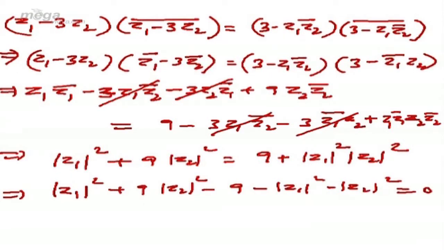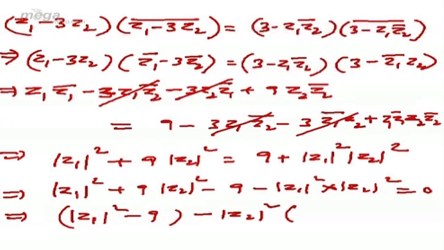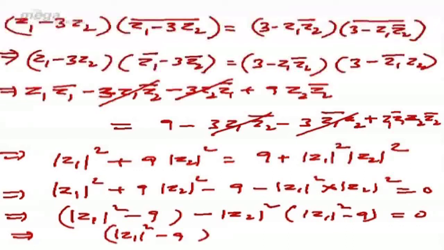So mod of z1 square plus 9 mod of z2 square minus 9 minus mod of z1 square into mod of z2 square is equal to 0. If we factorize it, in one bracket we get mod of z1 square minus 9, in the other bracket we get minus mod of z2 square into (mod of z1 square minus 9) is equal to 0. This will become (mod of z1 square minus 9) into (1 minus mod of z2 square) is equal to 0.